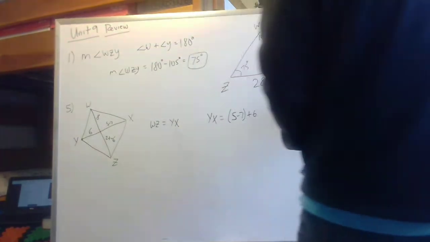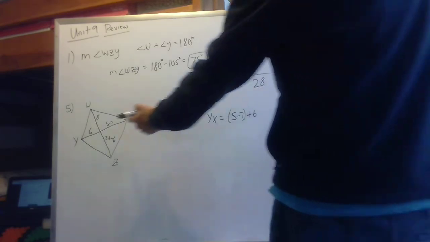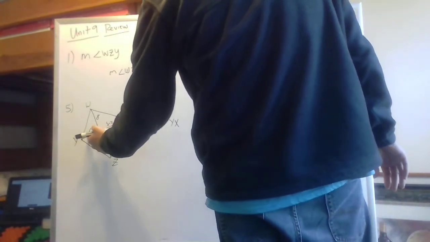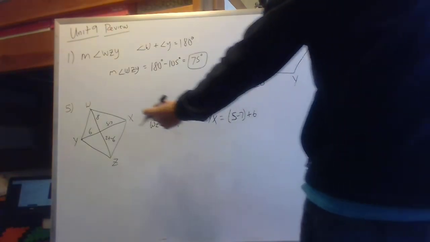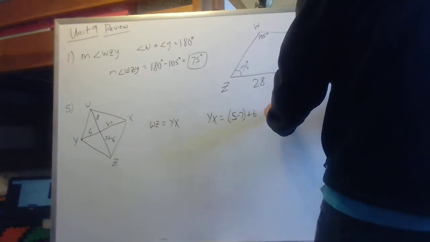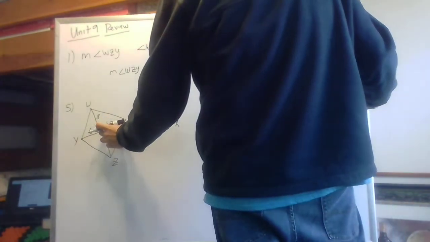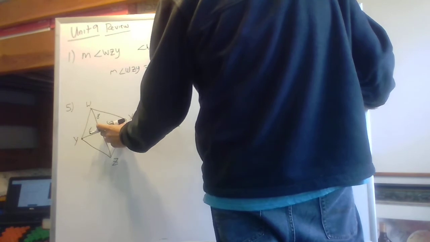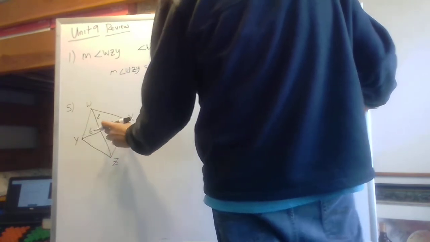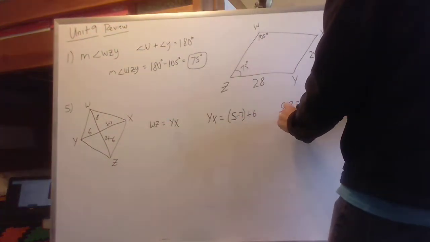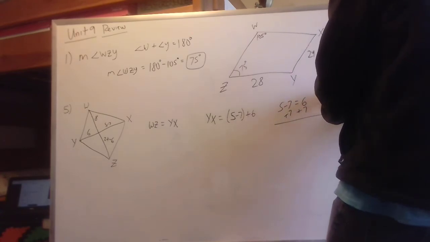And what we could do is find half of it right here, this section and this section, to solve for the variable s. We could just take s minus 7 and set it equal to 6, because these two lengths, even though I drew a parallelogram that doesn't show it, these two lengths right here for y and x are equal to each other. So I'm going to just add 7 to both sides, and s is going to equal 13.